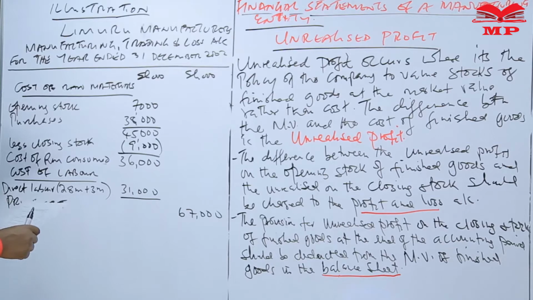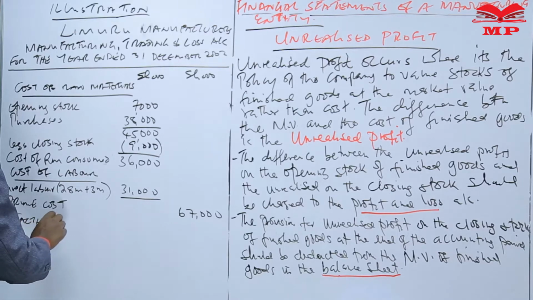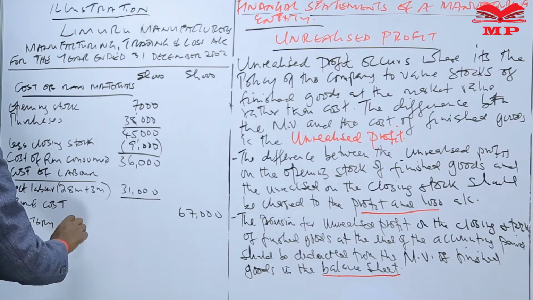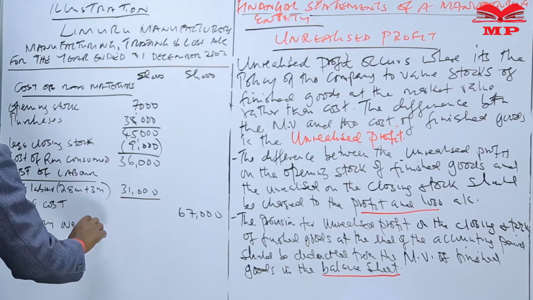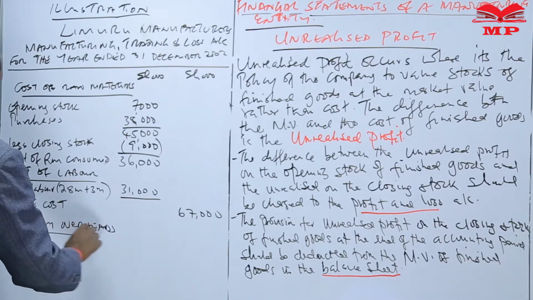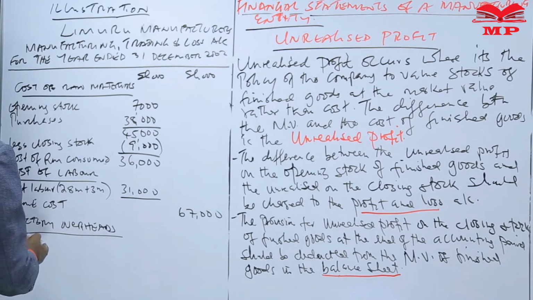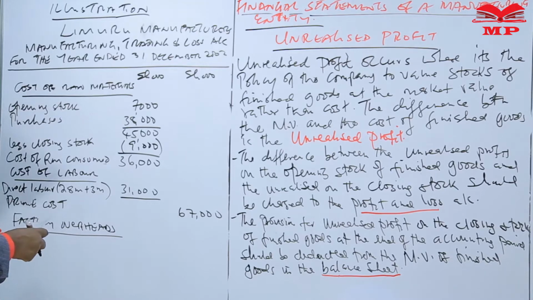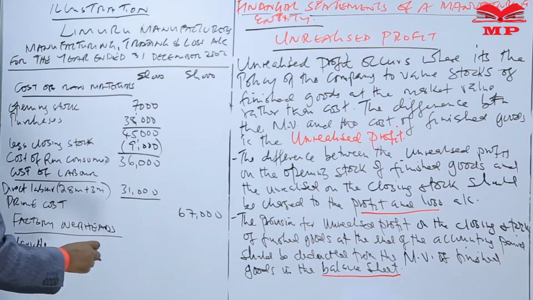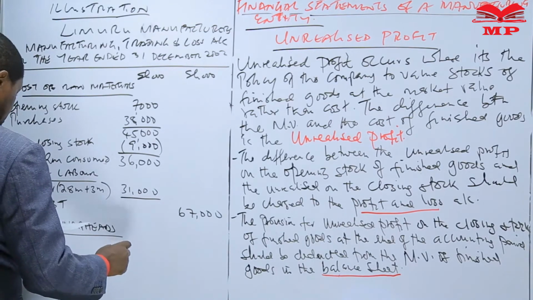In this question we do not have direct expenses, but we have factory overheads. We'll add the factory overheads. Factory overheads are simply the indirect expenses, and they are grouped into two here: variable and fixed. Variable factory overheads 16 million.